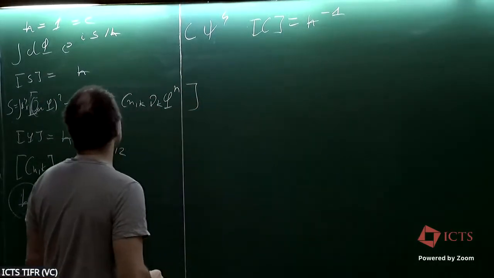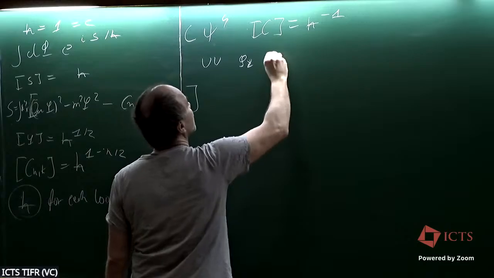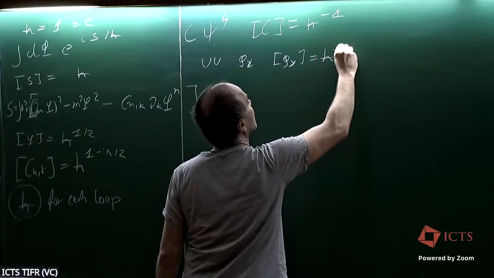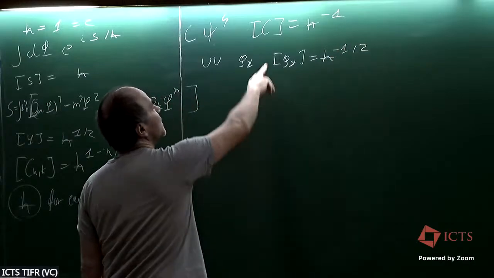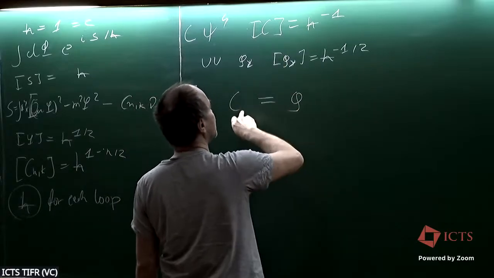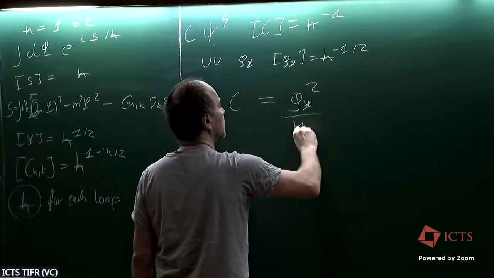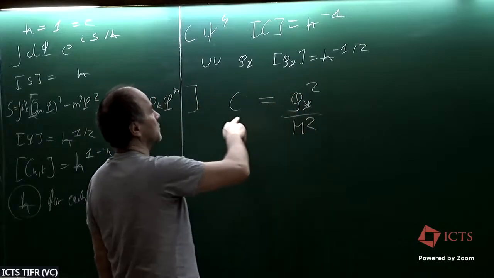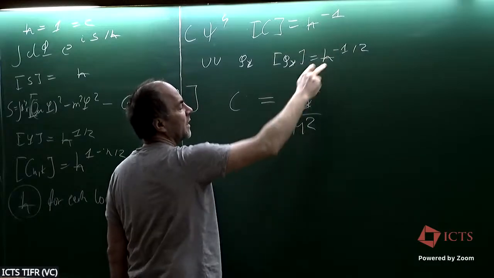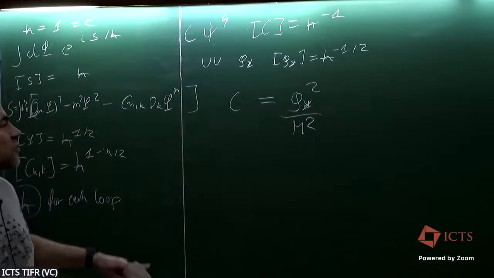If in the UV theory you have a coupling that I will denote g_*, say a gauge coupling, then we immediately know that, so that the h-bars agree on both sides, if C is generated at tree level, it has to have h-bar to the minus 1, so it has to have two powers of the coupling, and then 1/mass squared, just to account for dimensions. It's a very, very useful counting.